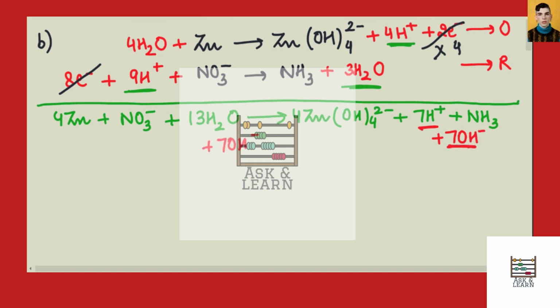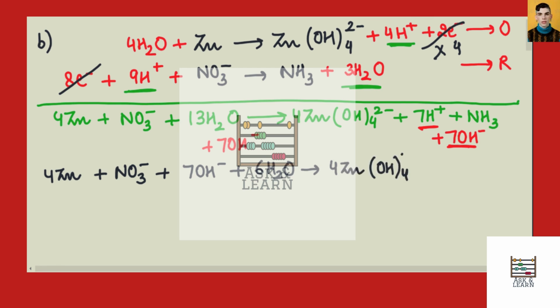So the overall reaction comes out to be 4 zinc plus NO3 negative plus 7 OH negative plus 6 water molecules goes to 4 Zn(OH)4 2 negative plus NH3. So this is our overall balanced reaction.